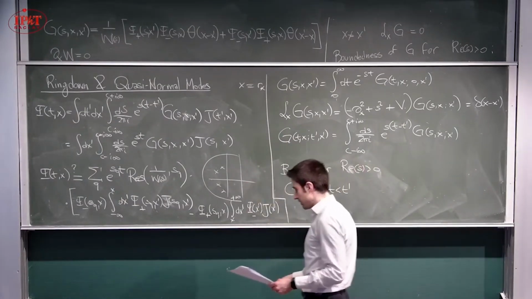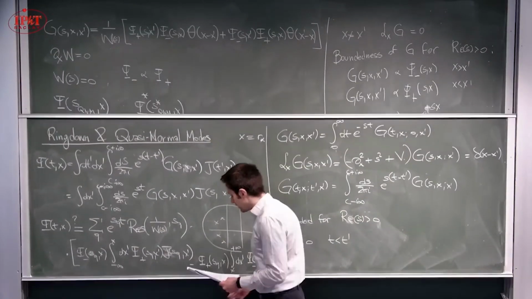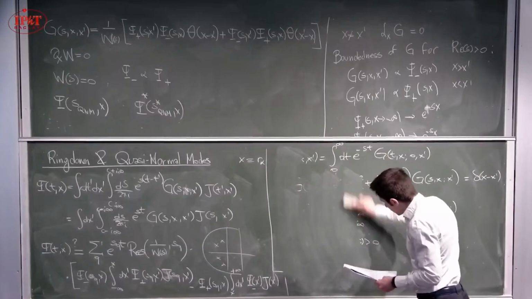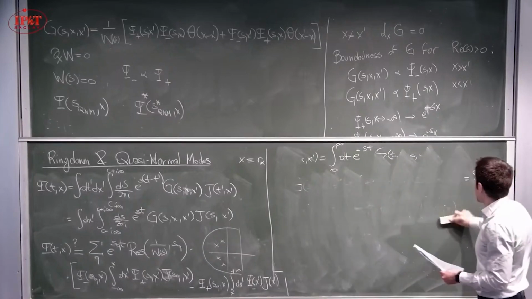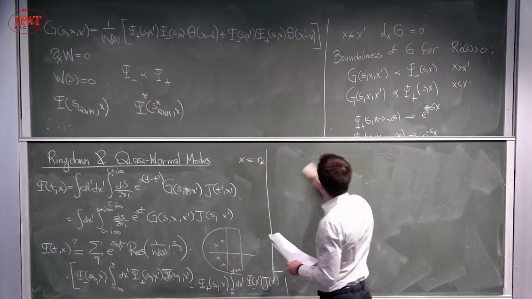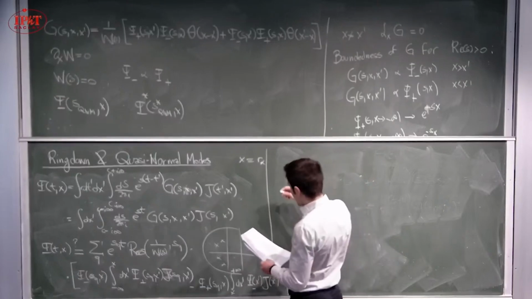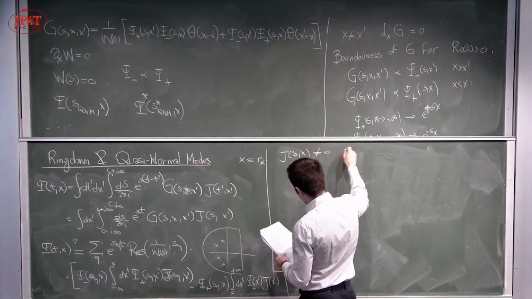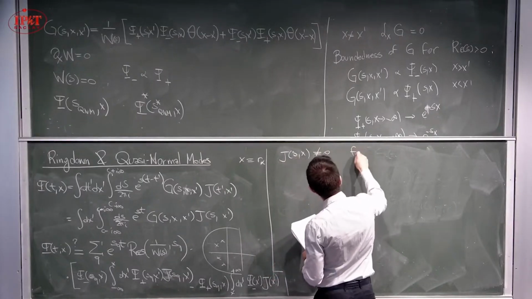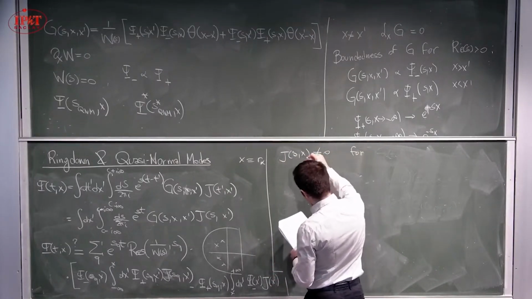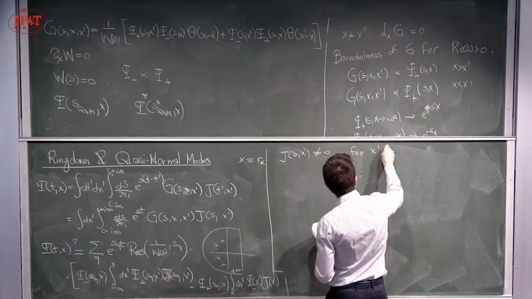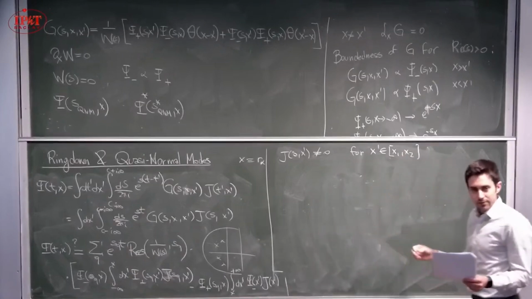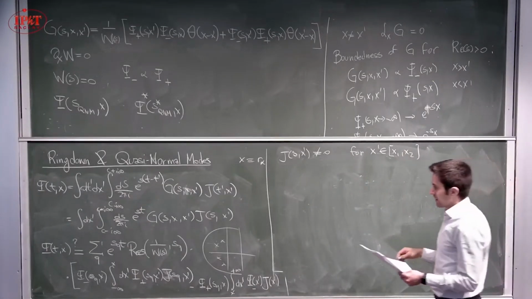And to give some better intuition of what's going on, assume that this J has compact support, let's say that j(s, x prime) is non-zero only for x prime in a compact interval. Imagine that this is the case.